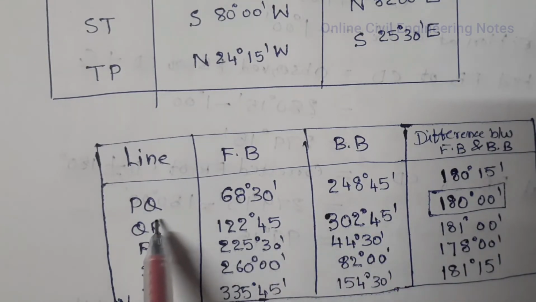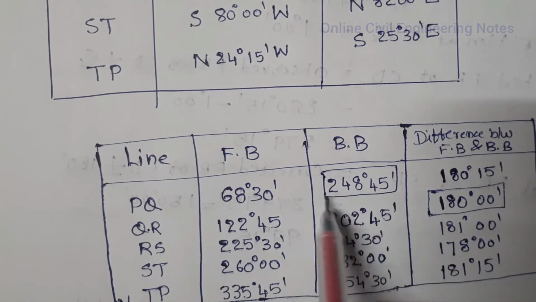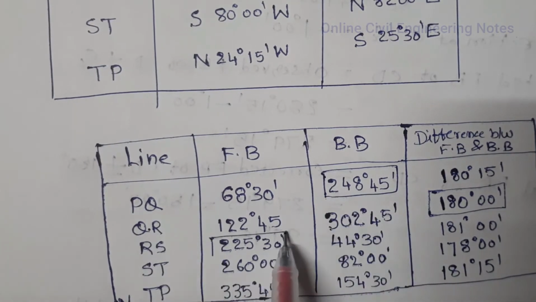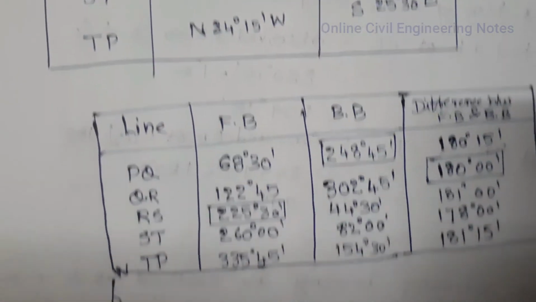And also back bearing of PQ and fore bearing of RS are also correct. Now calculate the corrected bearings of all the other lines.